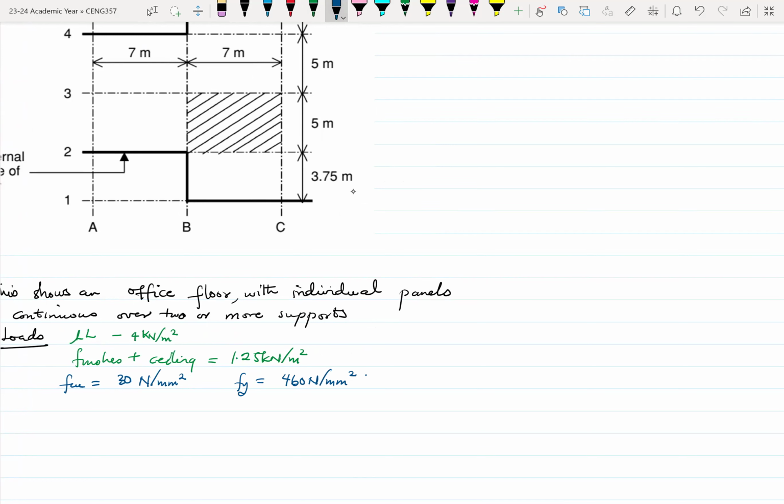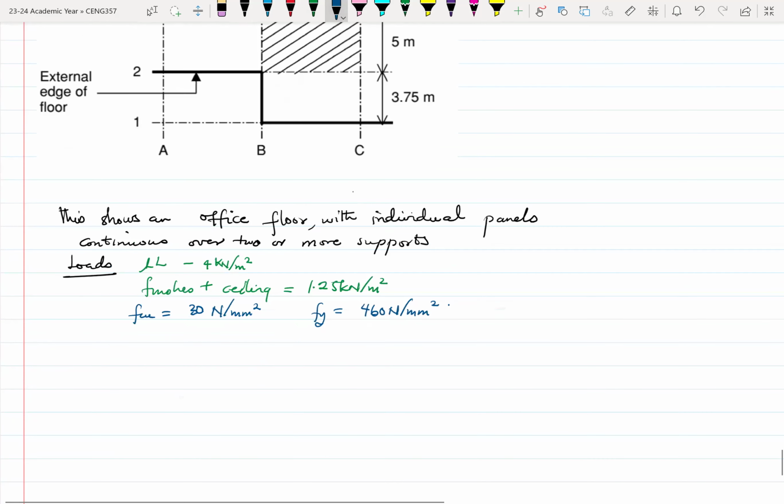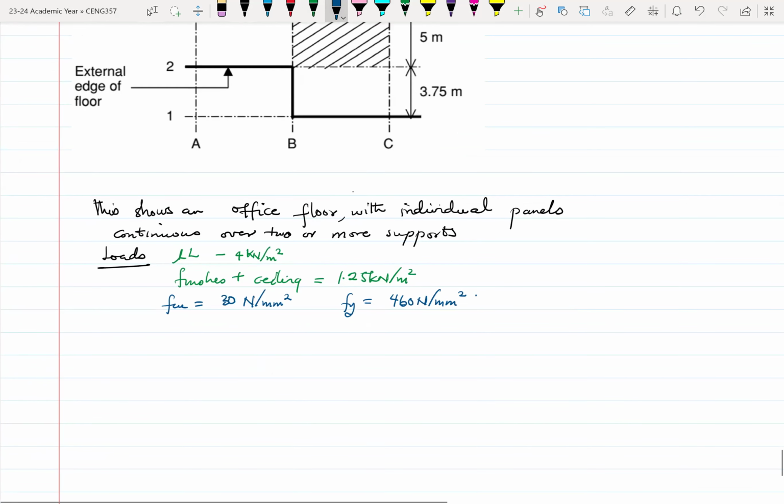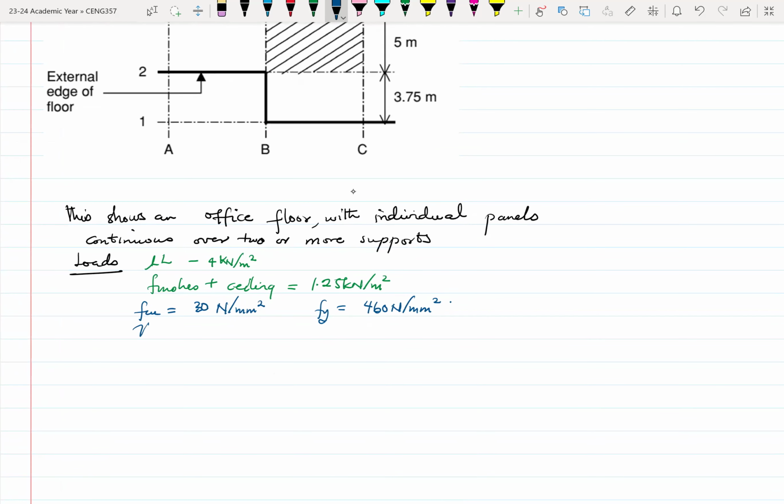All right. So we have all of that information. Again, let's see the cover to reinforcement is, let's say, 25 millimeters.